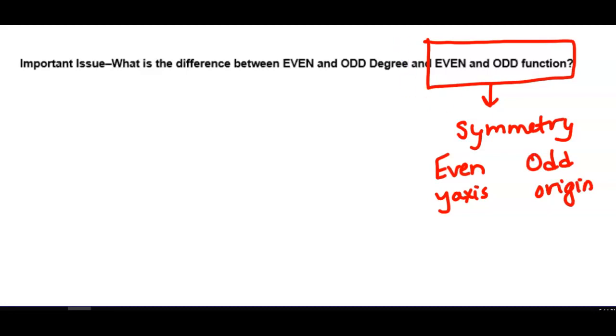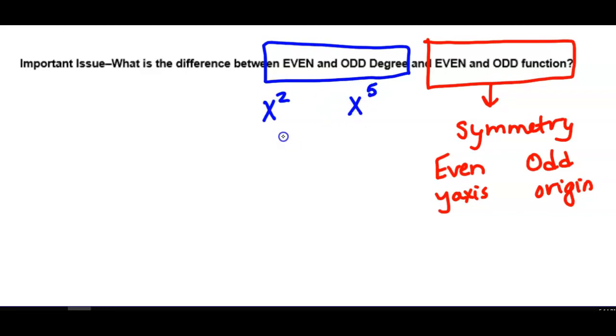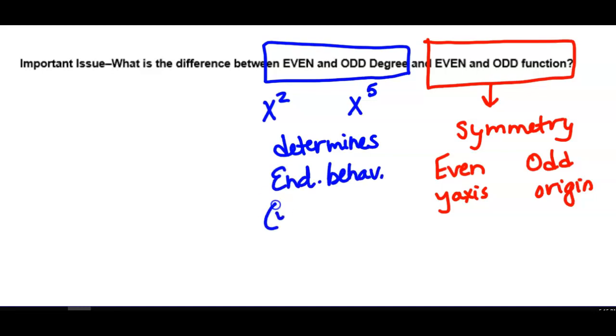But when we talk about even and odd degree, this means like an x squared; odd degree means an x to the 5th, etc. And even and odd degree determines end behavior along with the leading coefficient. When you take into consideration the even or odd degree combined with the leading coefficient, it will tell you the end behavior.